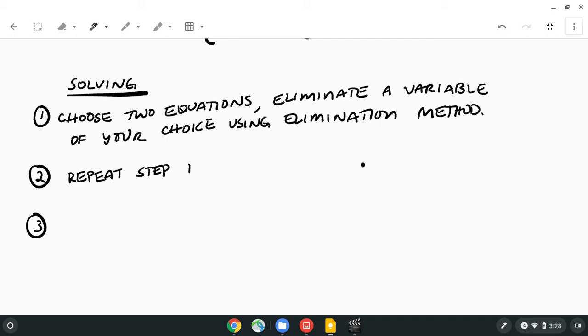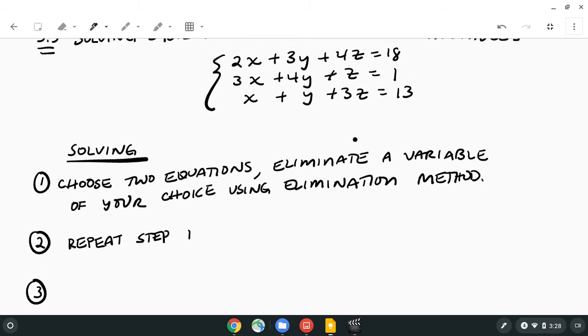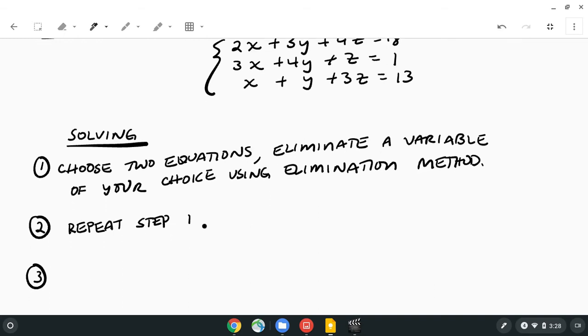So what happens is, whichever variable you chose to eliminate in step 1, over here you also have to eliminate that same variable.